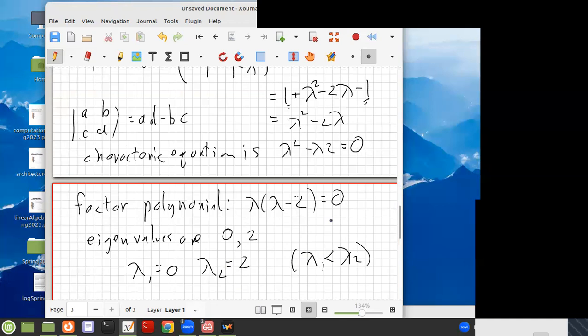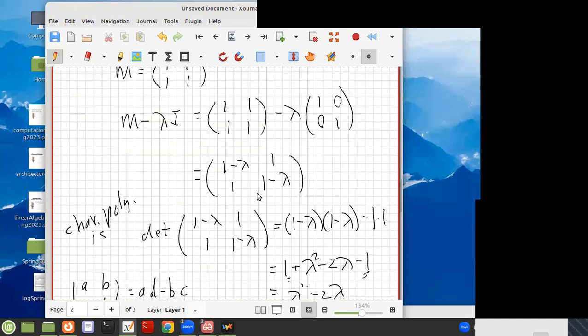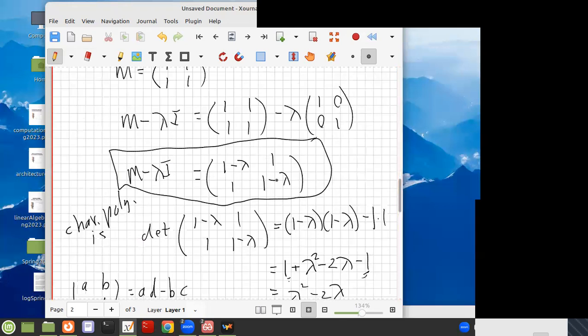And this is the procedure to find eigenvalues. You get the matrix, and you can start right away from it. You can form this one right away by just subtracting lambda from the diagonal entries. All the other stuff is the universal derivation to get here.